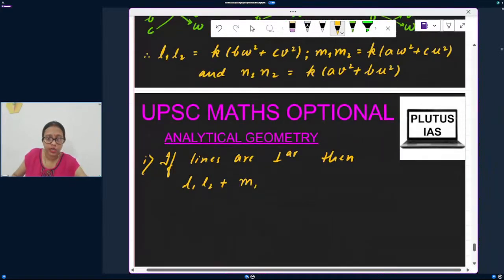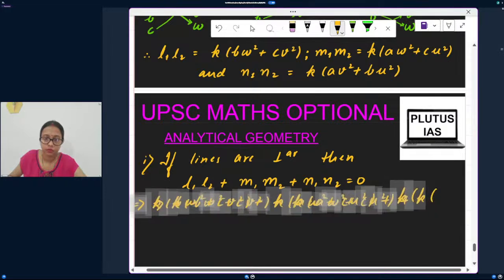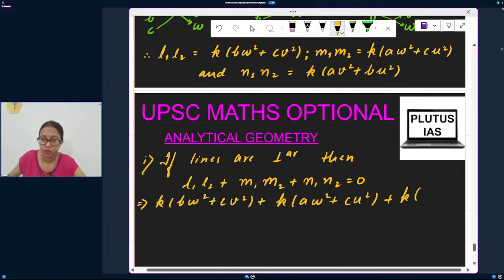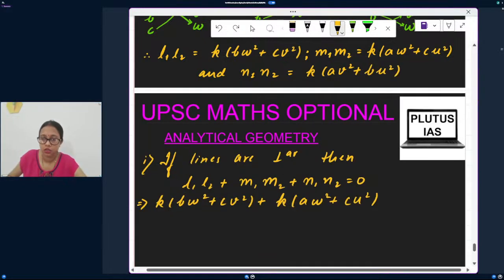If lines are perpendicular, then L1 L2 plus M1 M2 plus N1 N2 is equal to 0, which implies, just substituting the values, k times bw square plus cv square plus k times aw square plus cu square plus k times av square plus bu square is equal to 0.